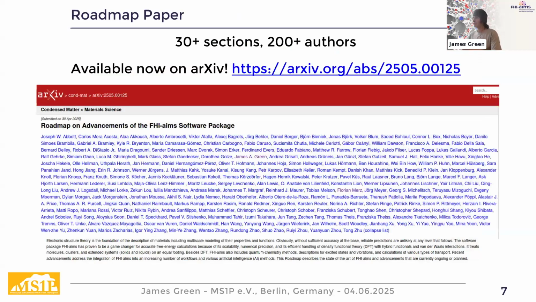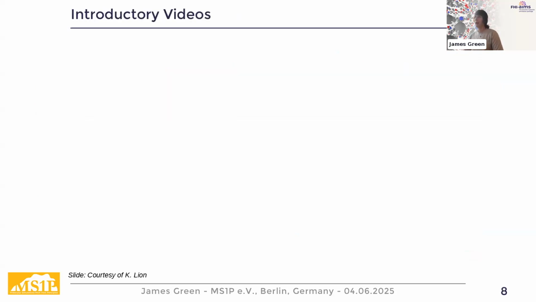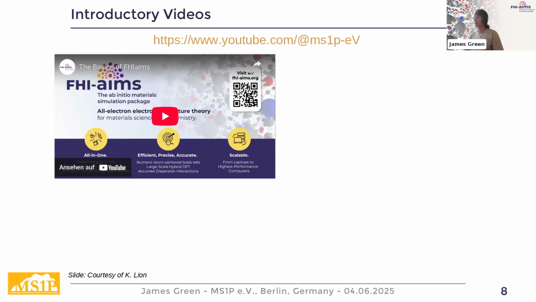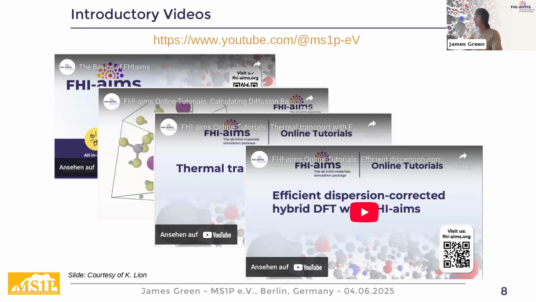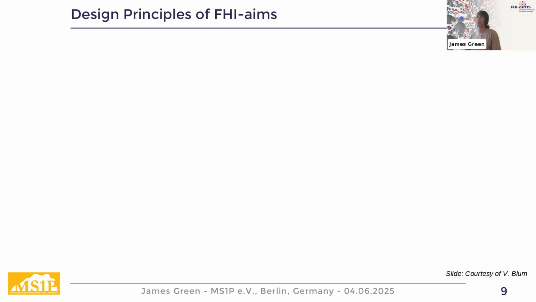I'll touch on some chapters of this roadmap paper a little later on as well. We also have a YouTube channel, which maybe some people are watching on, where we have introductory videos, tutorials, and recordings of this webinar series and other series we've run.